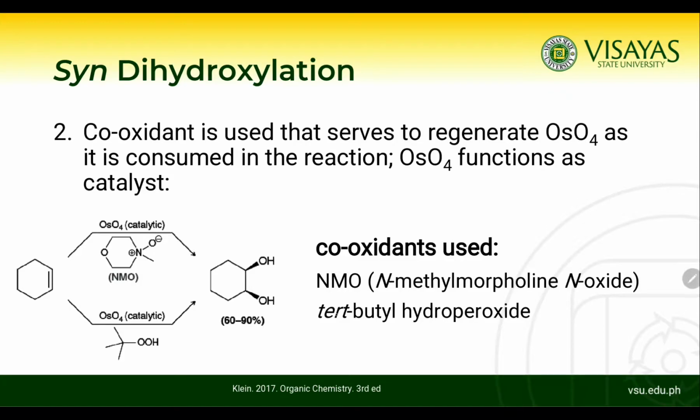So, here are the co-oxidants used. We have N-methylmorpholine N-oxide, which is abbreviated NMO, and tert-butyl hydroperoxide. So, this is the tert-butyl hydroperoxide. These can also be used as reagents for syn dihydroxylation.